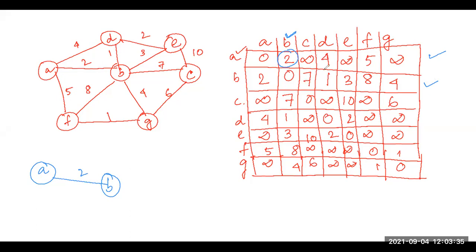B to D, this one. So I will take this one. Now, since D is the column which is now involved, now I will look at A, B, D. If I look at A, B, D, which is the minimum value? D to B, ma'am. But that is already there, so I won't consider it. Next, which one is the minimum value?